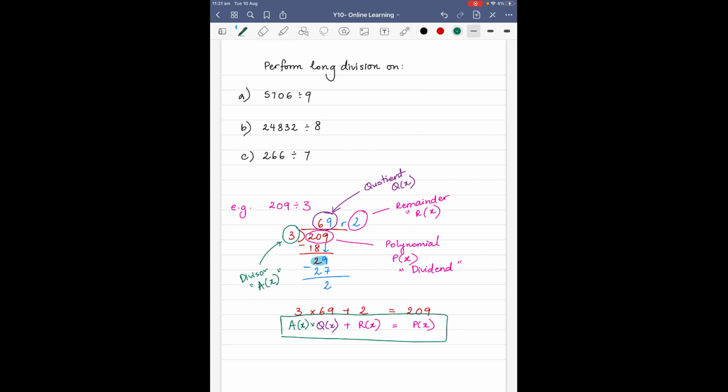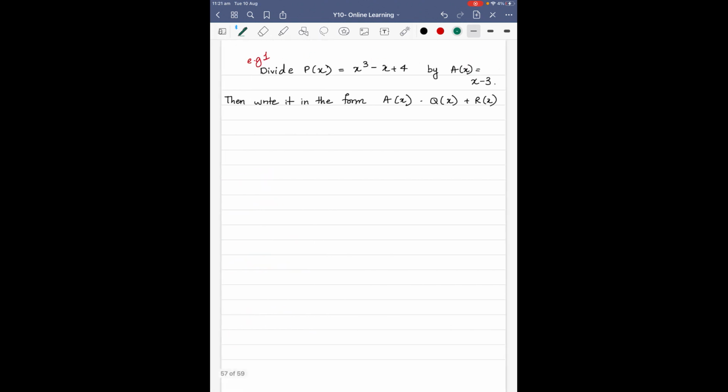All right. So we're going to do a question. Let's say you want to divide Px, which is this algebraic expression here, by Ax, x minus 3, then write it in the form of Ax times Qx plus Rx.